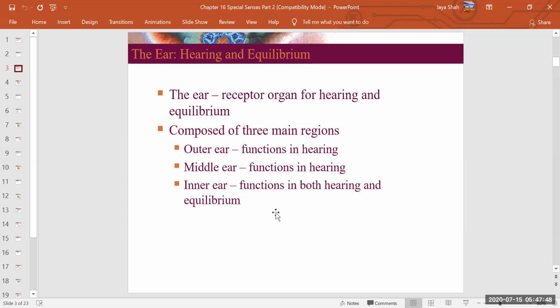But when the inner ear comes, it has a dual function. It works for hearing along with the outer and middle ear, and separately the inner ear alone also performs the duty of equilibrium. So the outer, middle, and inner ear are responsible for hearing, whereas only the inner ear is responsible for balance.